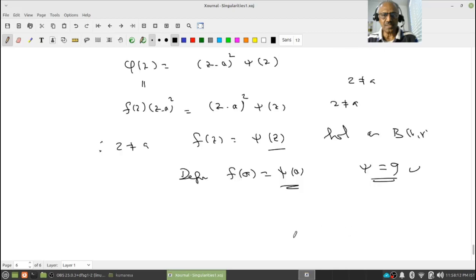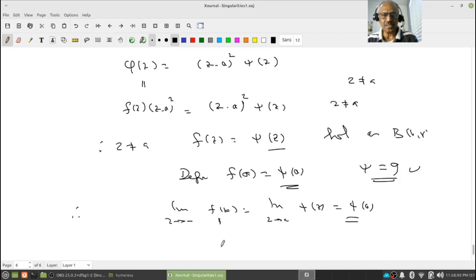Have you understood the proof? The proof is extremely simple. So therefore, limit z tends to a of f of z is same as limit z tends to a of psi of z, but that is psi of a, because psi is holomorphic, in particular continuous. Therefore, this limit exists, and that limit is psi of a. Are you following all these things?